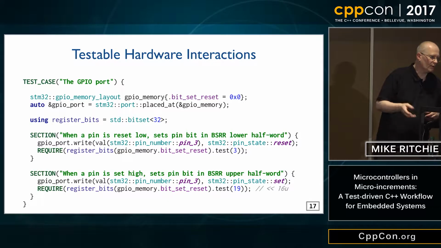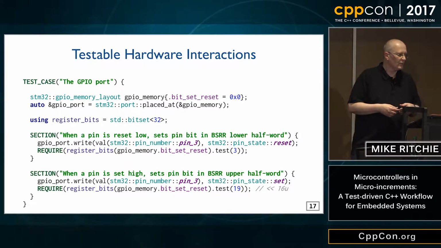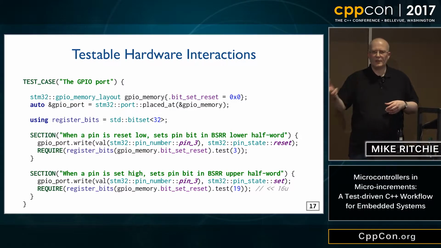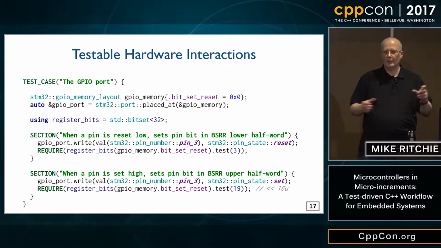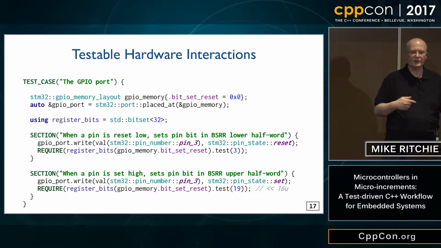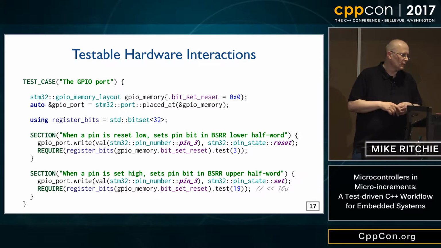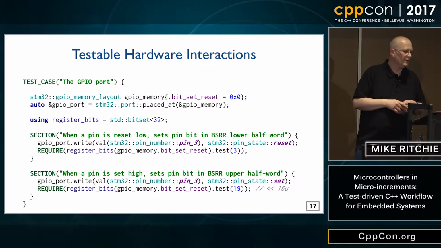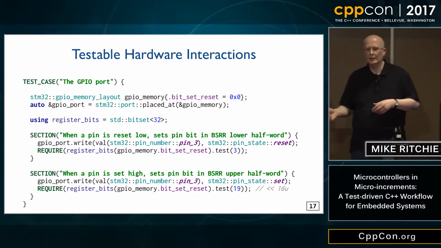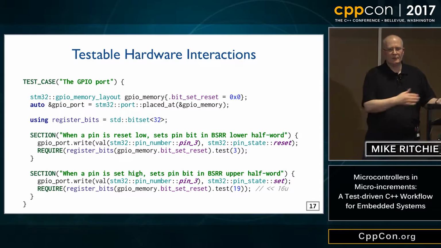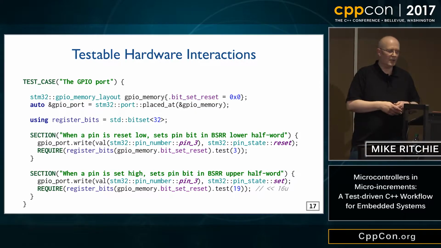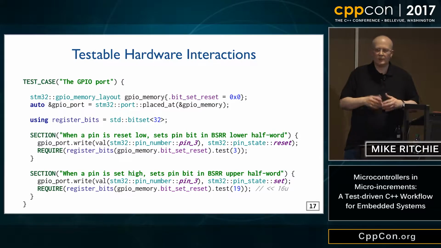So in this case, I've got a GPIO port. In an STM32 chip, the GPIO has a lower half word and an upper half word in one of the registers for setting or resetting bits. So if you set low, then that goes to the lower half word. If you set high, there's a shift and it gets set into the upper half word. So these are really simple tests to write.